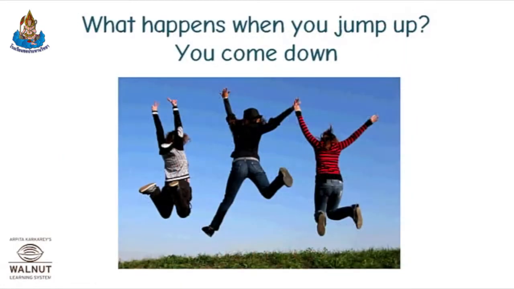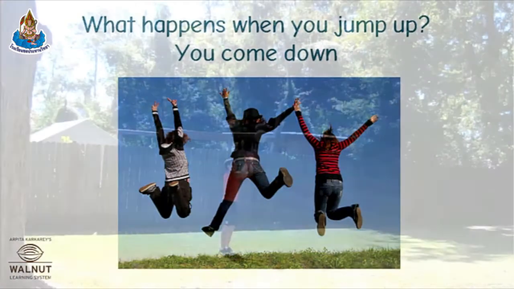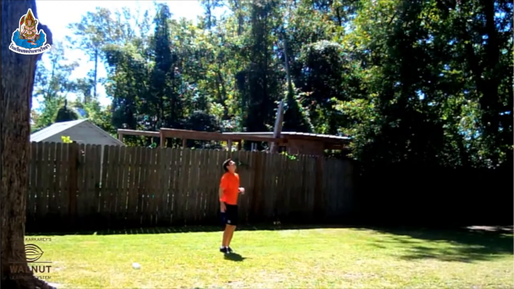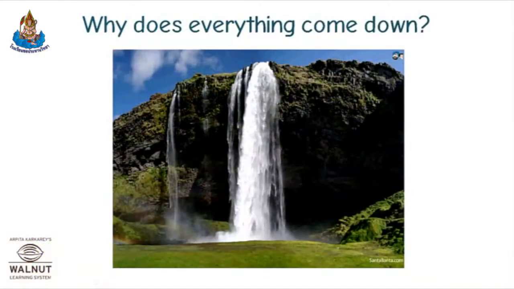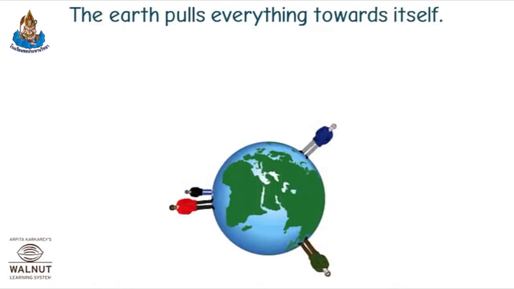What happens when you jump up? You come down. What happens when you throw a ball up? It comes down. Why does everything come down? The earth pulls everything towards itself.